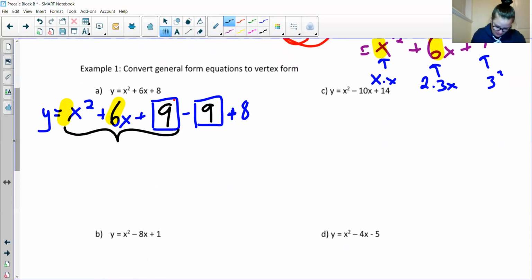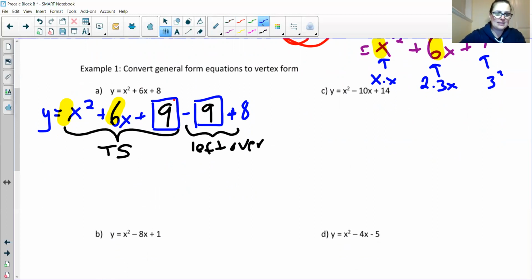So if we were to rewrite this, and this, sorry, is the leftover. So this is the trinomial square here, and this is kind of the leftover residual thing. So if we were to rewrite this, we would get x plus, and then to find out what the value is in that bracket, it's just the square root of 9.